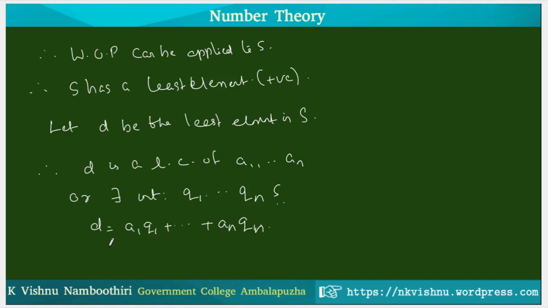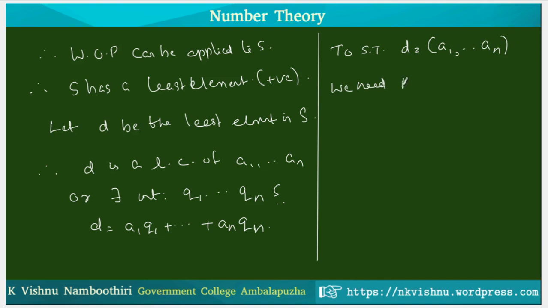The next question we want to see is whether D is going to be the GCD or not. To show that D is the GCD of a1, a2, etc., an, we need to show two things. One, D divides ai for i from 1 to n.